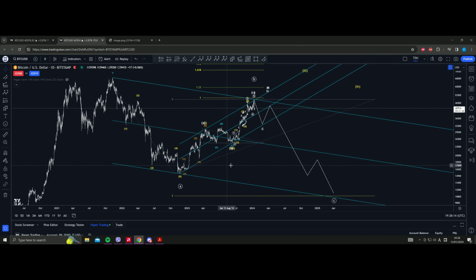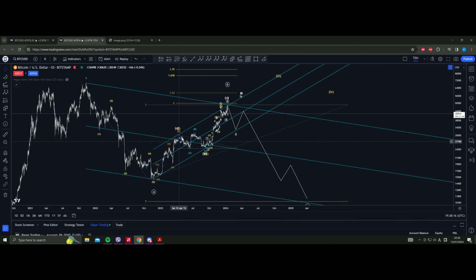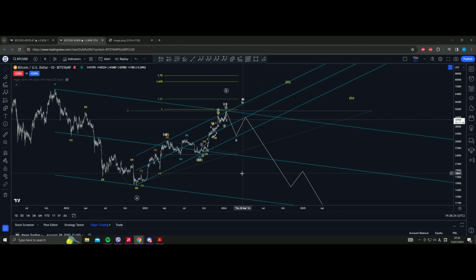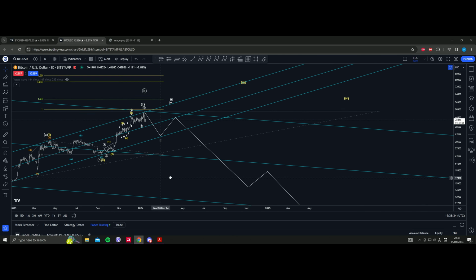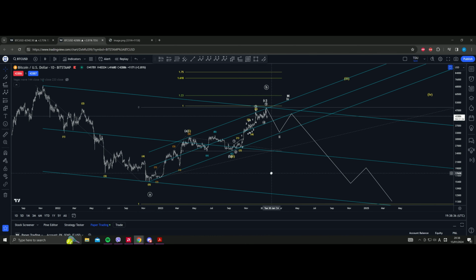Other than that, what also do we have? Since this is supposedly wave A, B, and a C, it's a 1 to 1, so it already fits the zigzag guideline, and it's channeled in logarithmic. I'm going to repeat that, it's channeled in logarithmic, so this still looks like a zigzag all day.